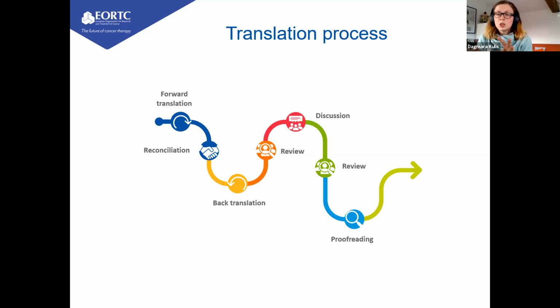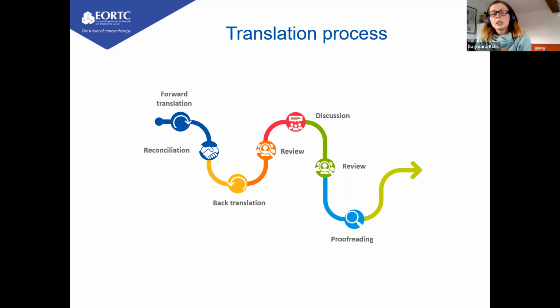Then those 2 versions that they created are reconciled into one optimal version by a 3rd person that reviews both and either merges them or chooses the better version, the version that uses simpler wording, and so on. So we can arrive at a better version of the questionnaire.